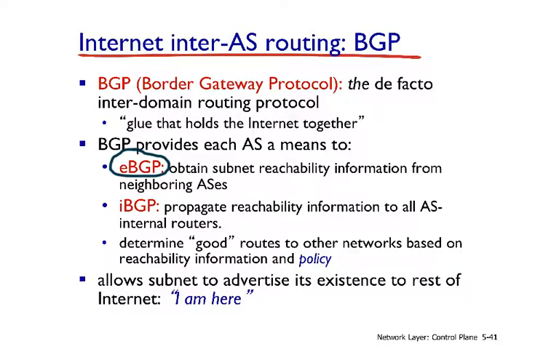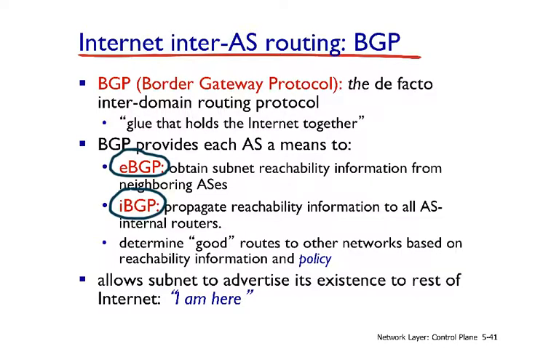Once we know information about distant networks, we can propagate this information inside our domain. In this case, we use interior BGP sessions to tell the rest of the nodes in the domain the reachability of a particular destination.